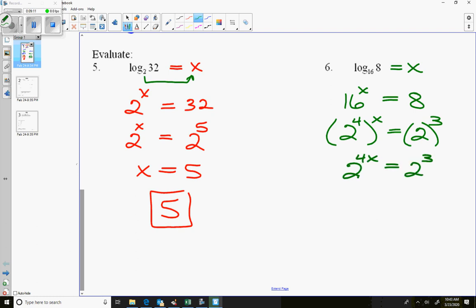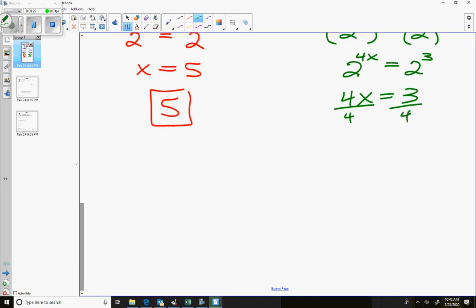Once we have one thing on the left, one thing on the right, the exponents are equal. Then solve for x. But again, go one step further, our final answer actually should not have x. It's just simply the 3/4.